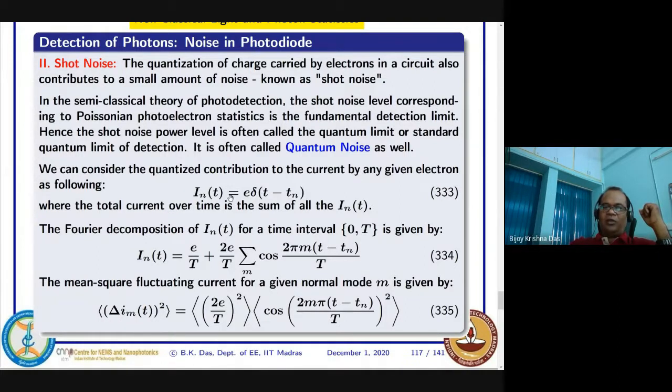Now how do you consider that? Suppose one particular electron generates and you get a current.